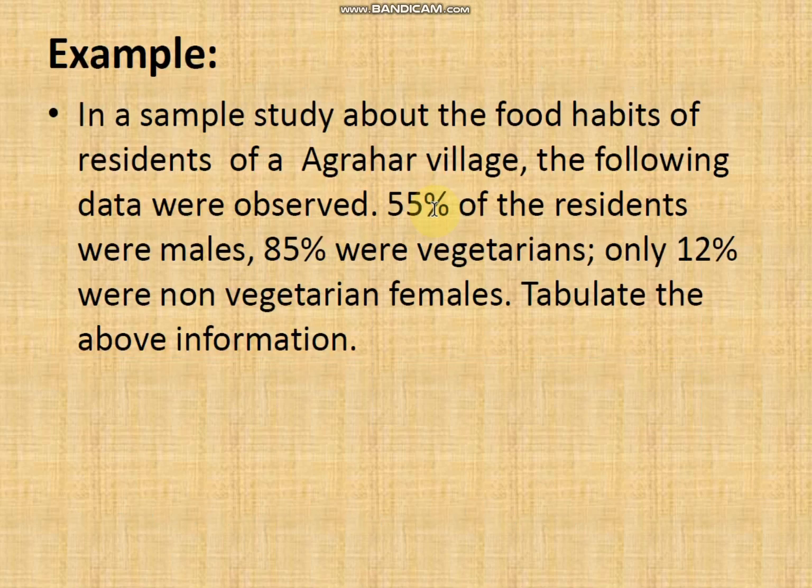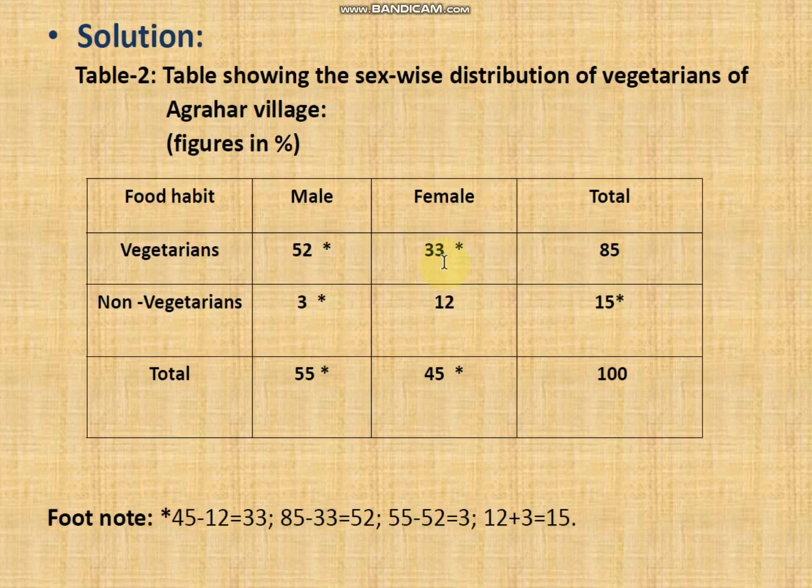First you have to write all the data points given here. The numbers given are 55%, 85% and 12%. So 55, 85 and 12. The grand total here obviously will be 100, the total population of the village.